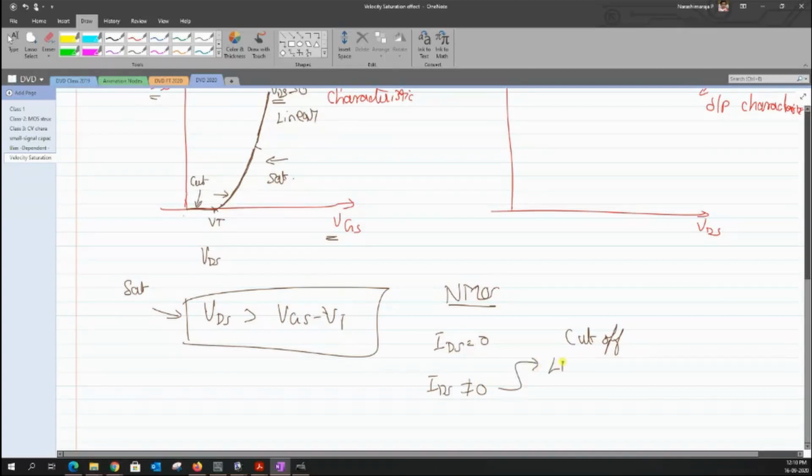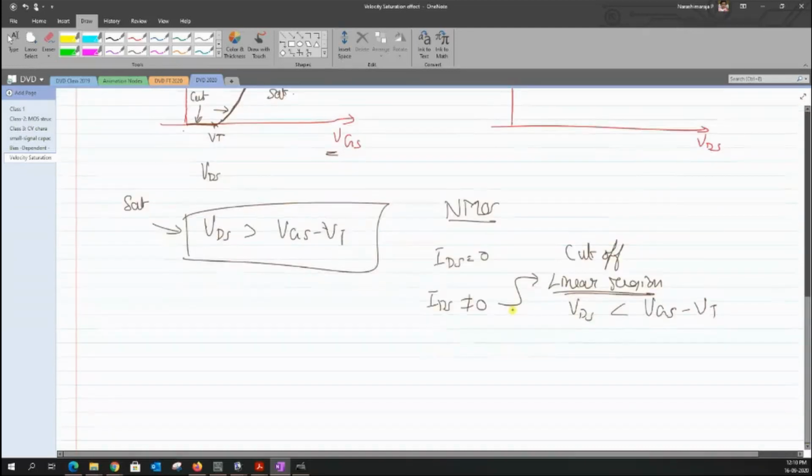So if I say I'm in linear region, the relation between the VDS and VGS can be written something like this. When the value of VDS is smaller than the value of VGS minus VT, then we will be in the linear region. Clear? But when I say that I'm in the saturation regime, then the value of VDS is supposed to be greater than or equal to VGS minus VT.